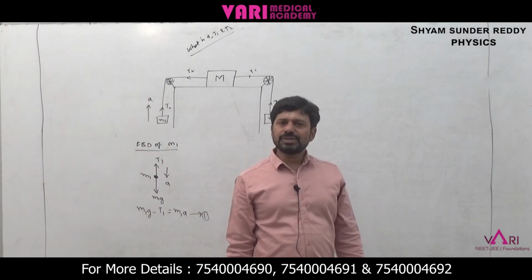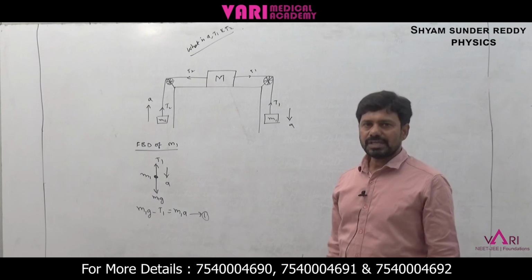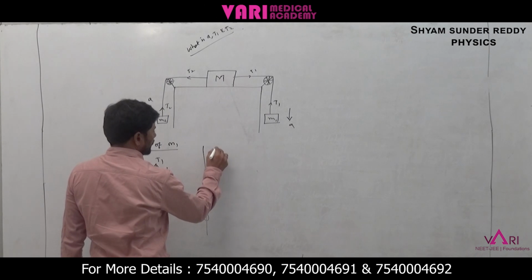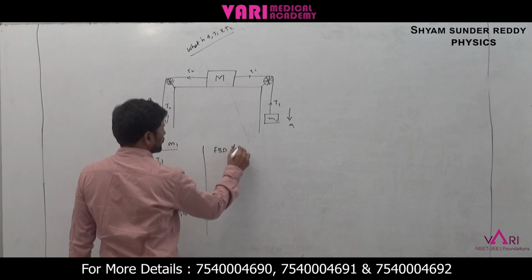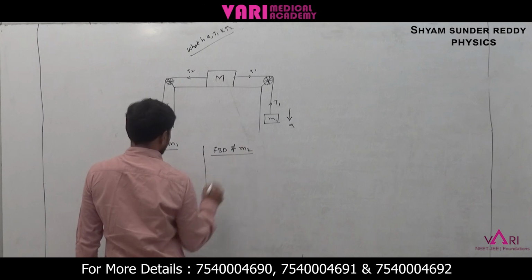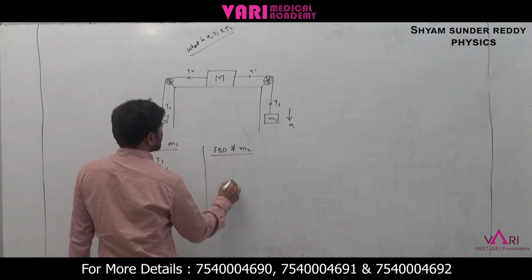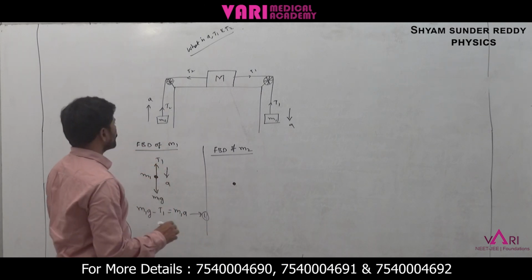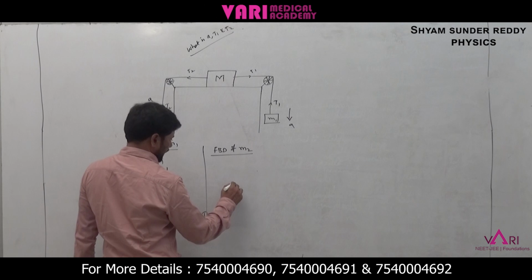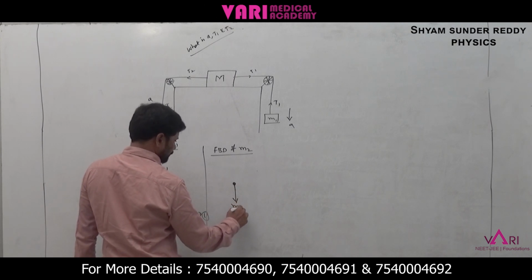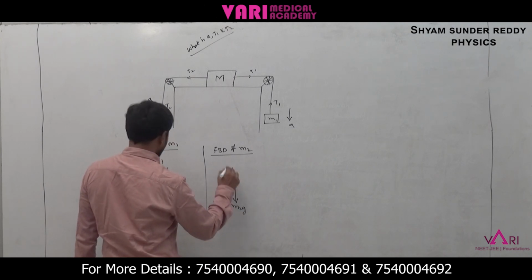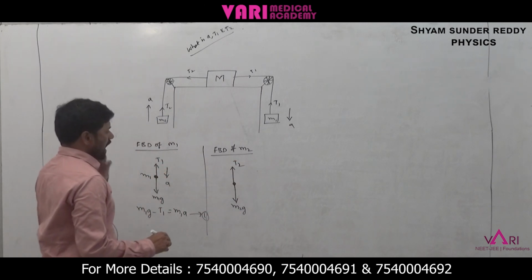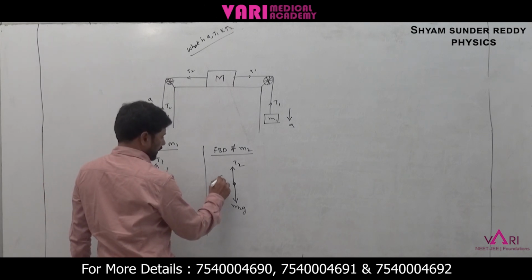Next, FBD of m2. FBD of m2 is also the same. m2 is also hanging from the pulley, so we can take m2g, and this is the tension T2. The acceleration is in the upward direction.